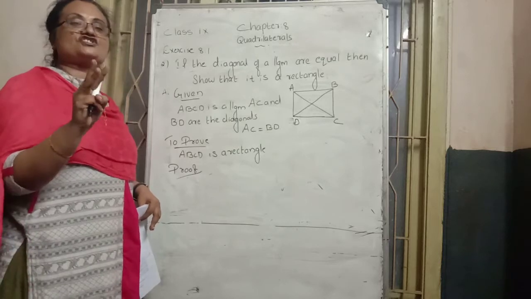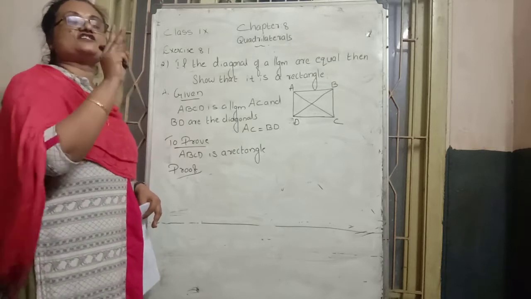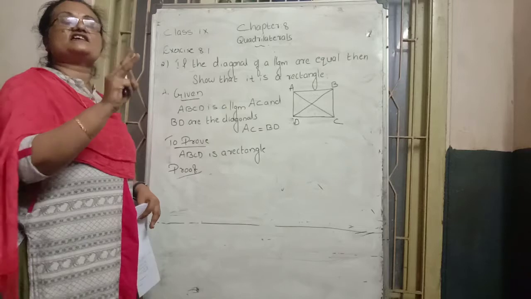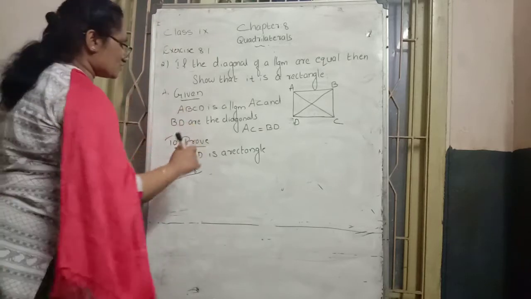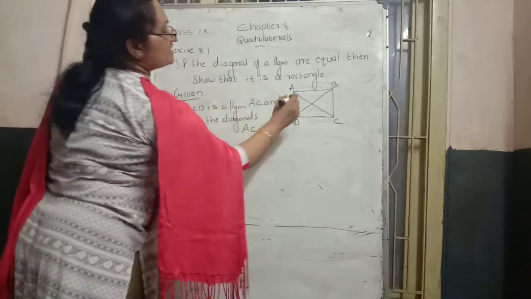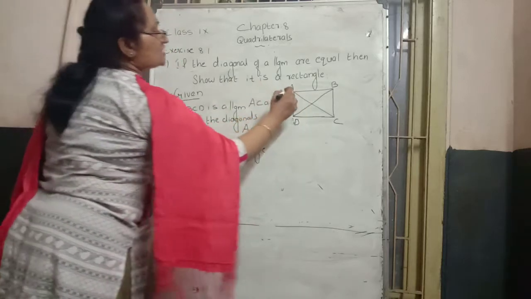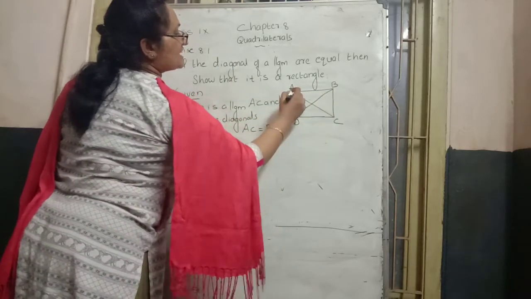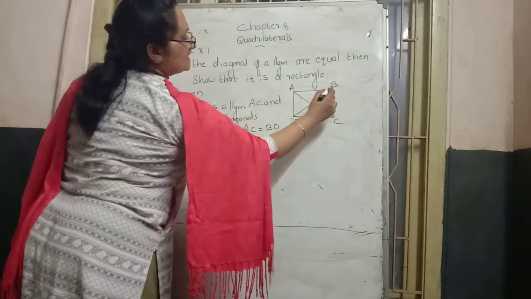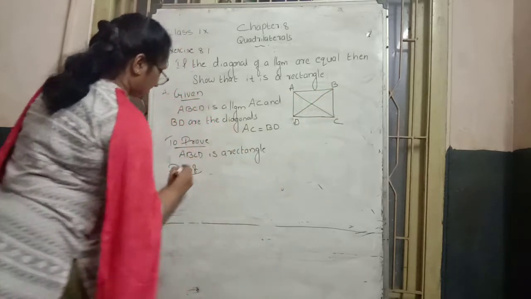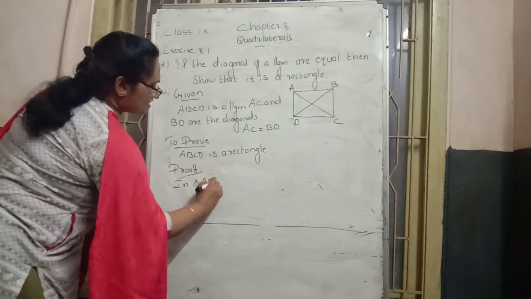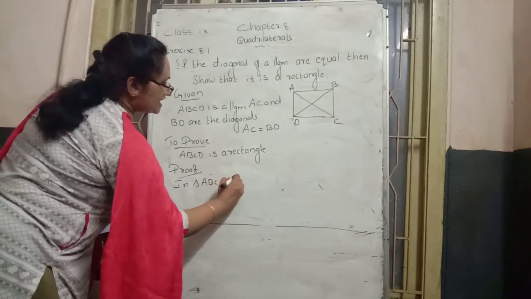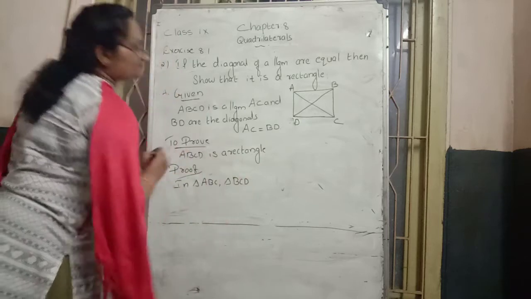Then, if three conditions are satisfied, we say the two triangles are congruent under that property. So here I consider two triangles: triangle ABC and triangle BCD.